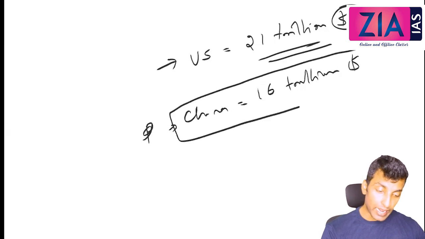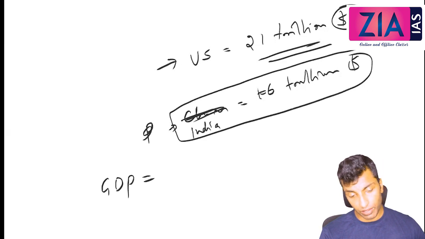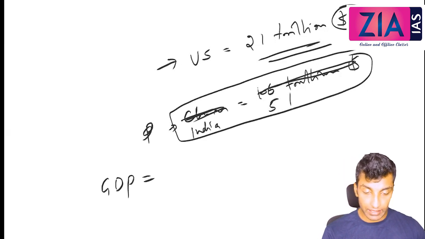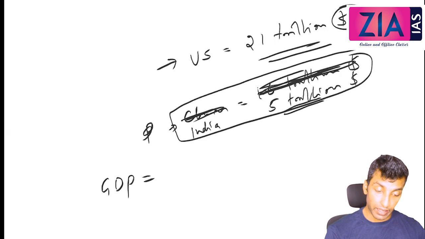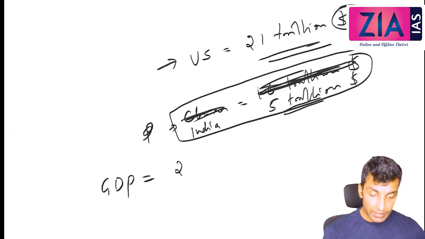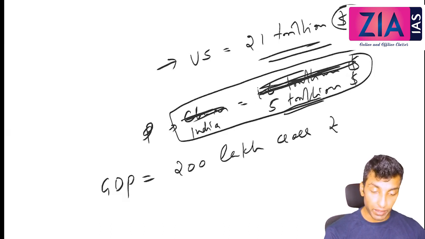So actually Chinese GDP will be in their currency, right? Let's suppose, now instead of China, let's take India here, and let's suppose this is 5 trillion, and US is, let's say, 21 trillion. How are we actually getting India's GDP? We will take, let's say, 200 lakh crore. When we calculate in India, it is in rupee, correct?